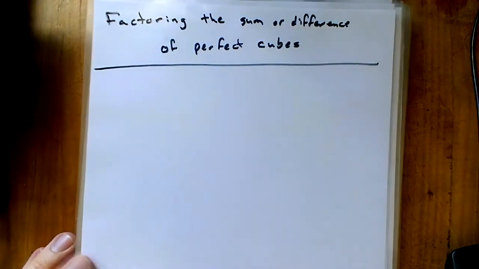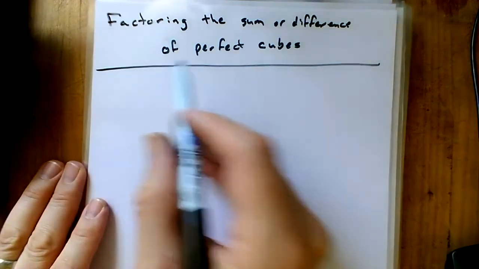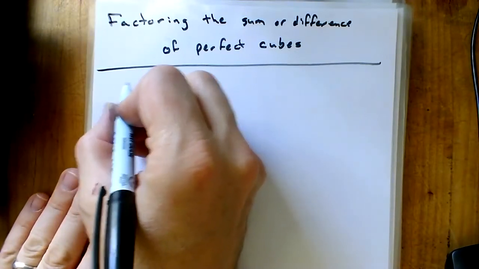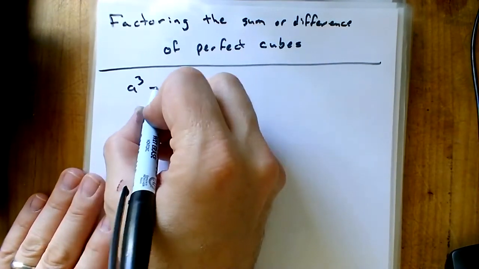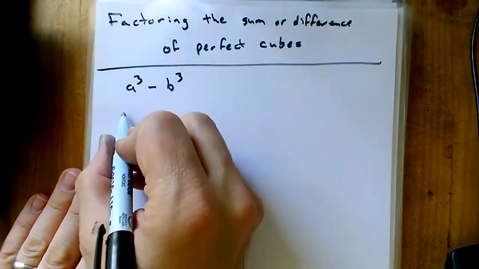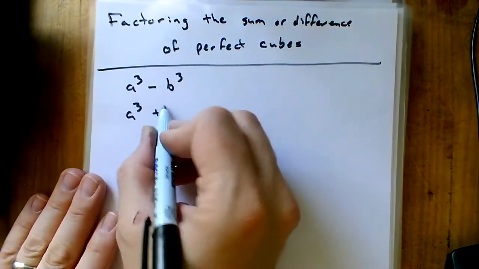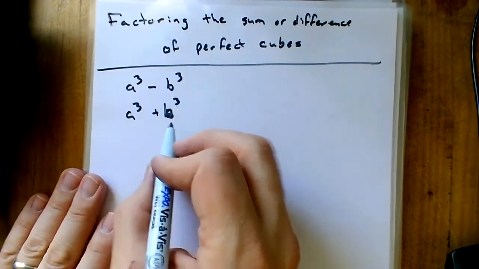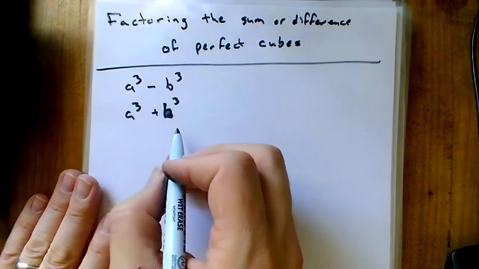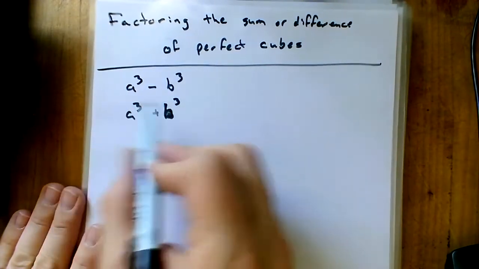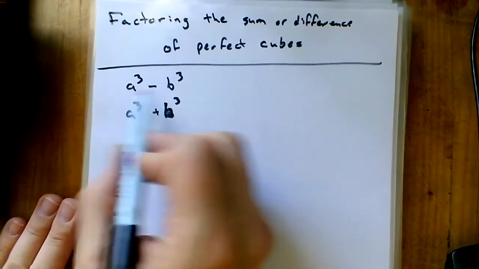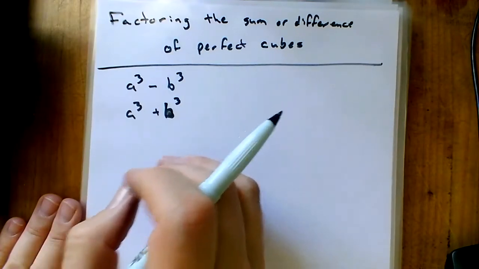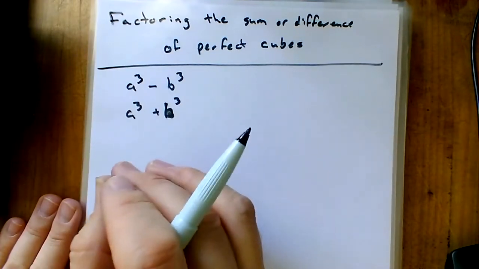All right, we're going to talk about factoring the sum or difference of perfect cubes. So this is going to be things in the form of a cubed minus b cubed or a cubed plus b cubed. As with the difference of perfect squares, it's extremely important to be able to recognize when a number is a perfect cube.